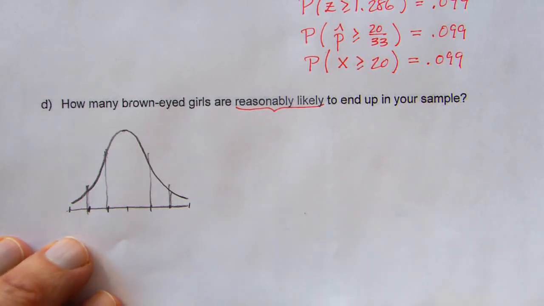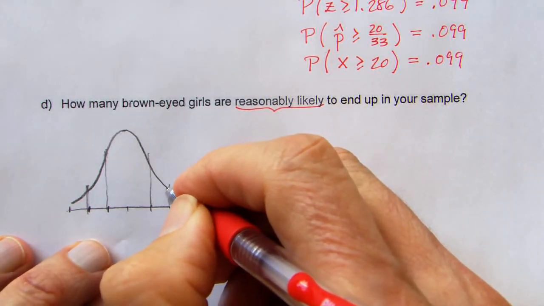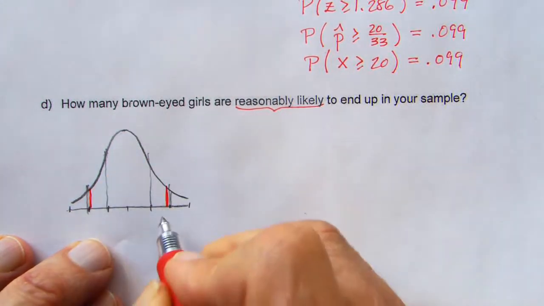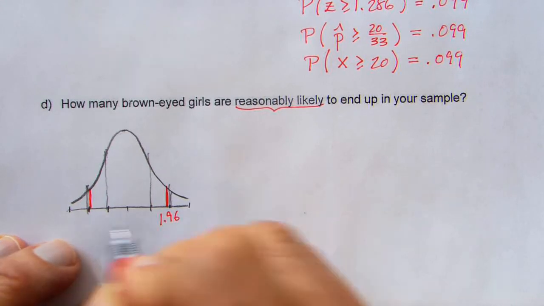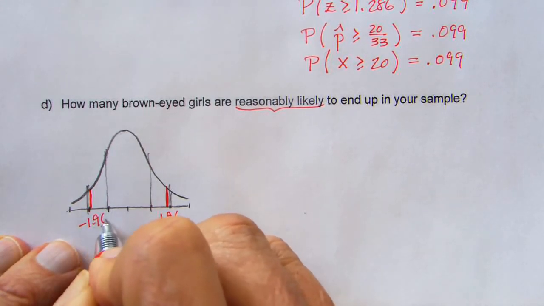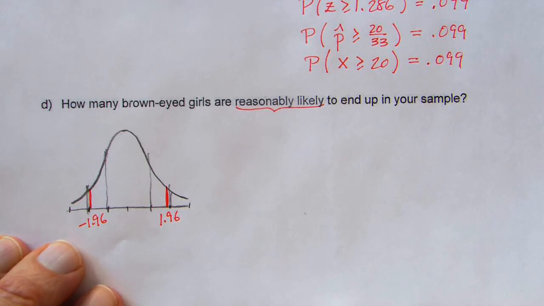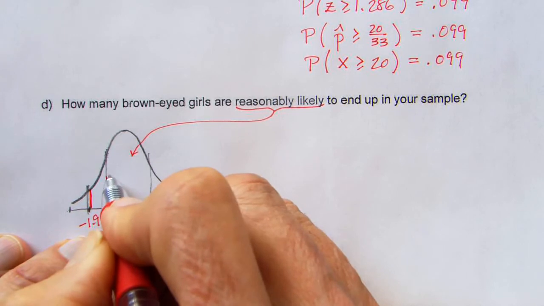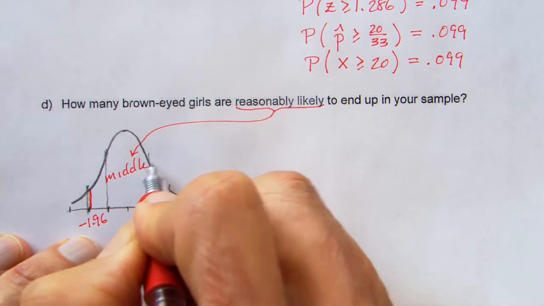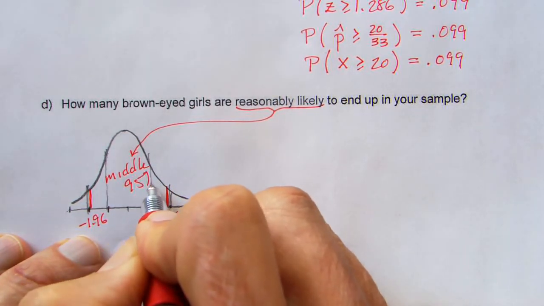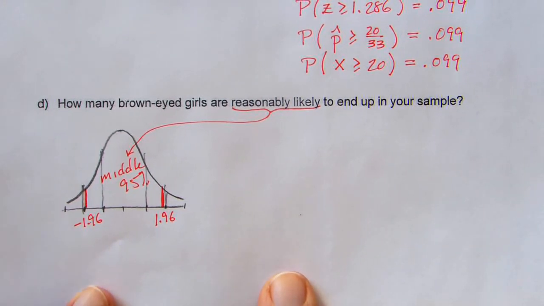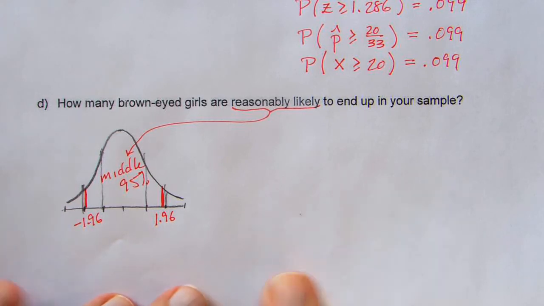Well, we're going to refine that a little bit. The middle 95% is between 1.96 and negative 1.96 deviations. And that's what's considered the reasonably likely range, that middle 95% of the distribution. So really staying within 1.96 deviations or errors of the mean will give you that middle 95%.